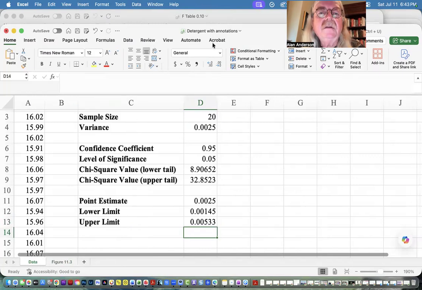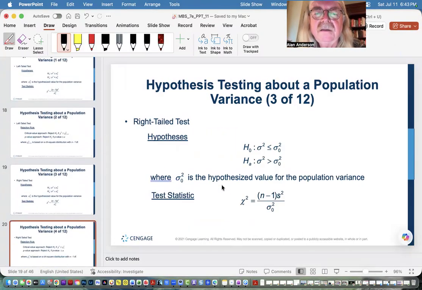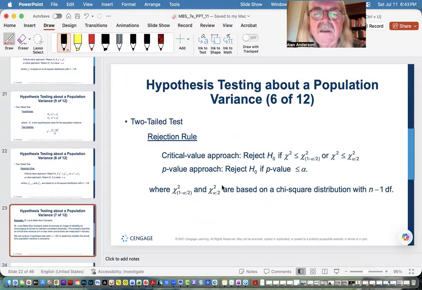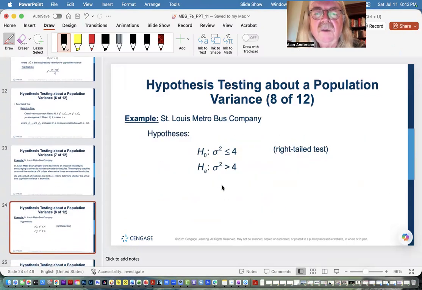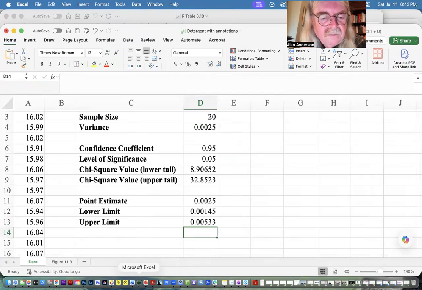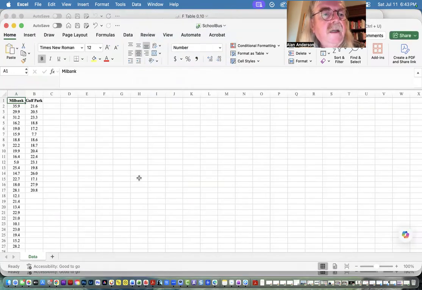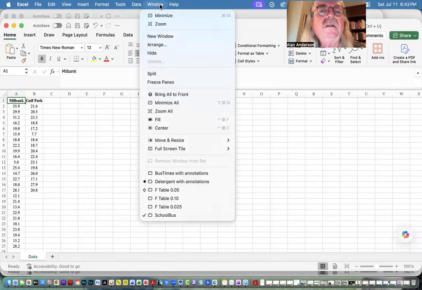So then we have, how about the next one is the St. Louis Bus Company, where we have a hypothesis test about whether the bus's variance is more than 4. So that spreadsheet is called school bus. Oh, no, sorry, that's the wrong one.